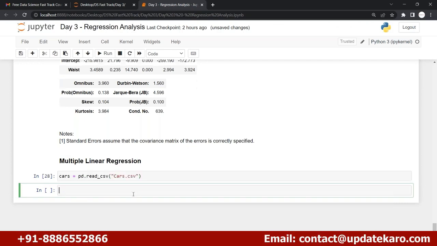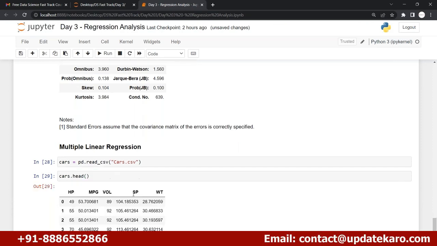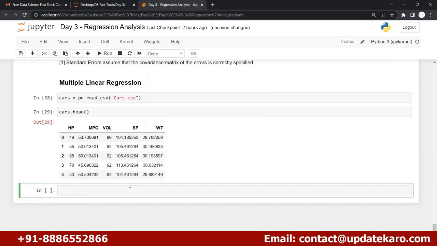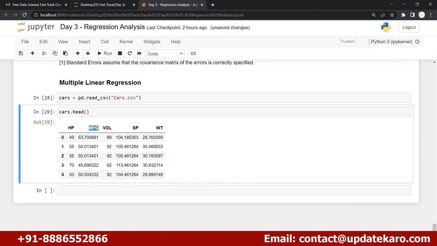Let me run this. Here you can see cars data dot head, and this is my car data. In the car data, you will find the horsepower of the car, and mpg, miles per gallon, which is my target column.